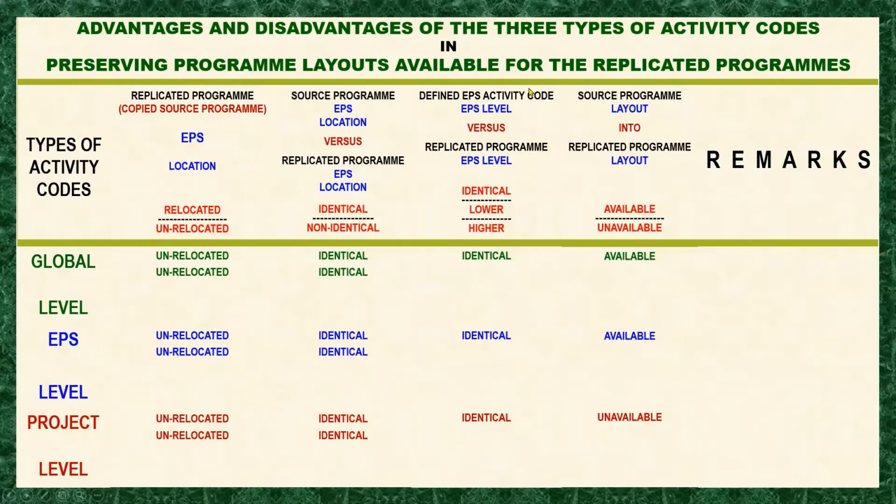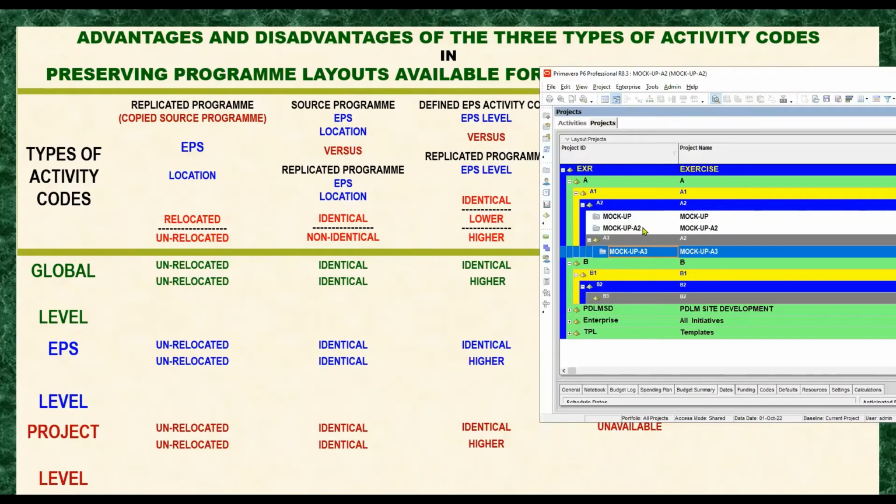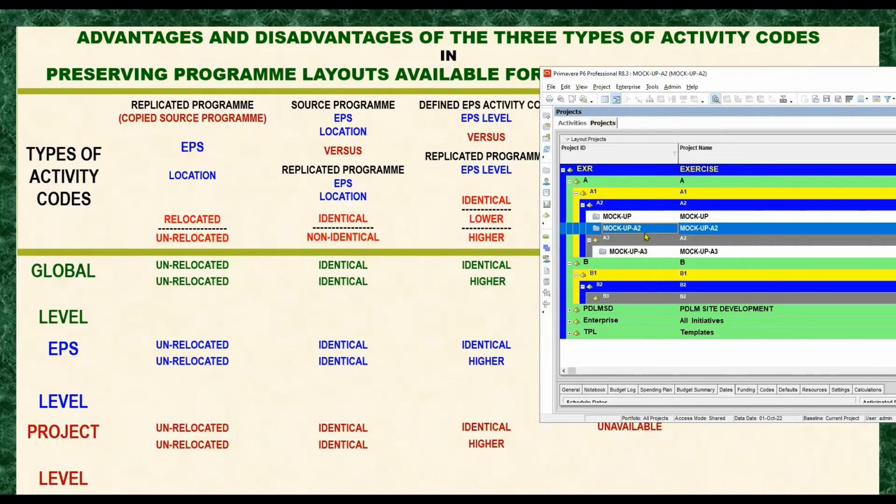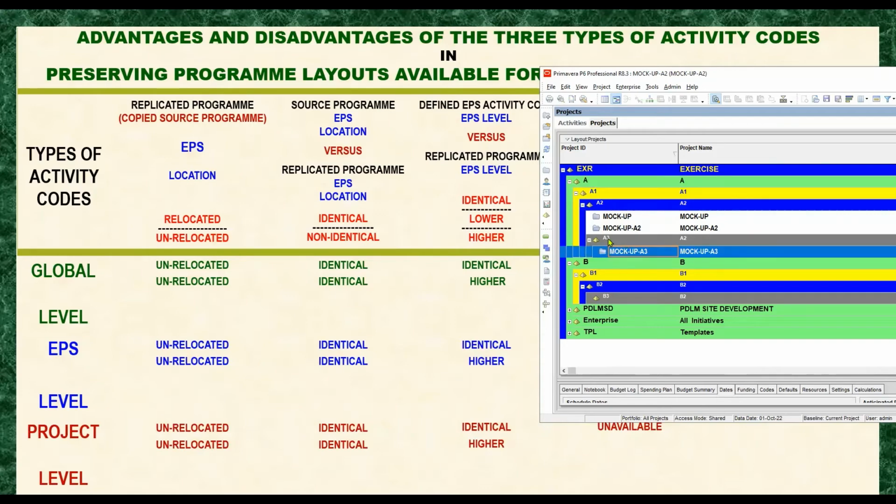Okay, here on the EPS activity code, EPS level, it is recorded as higher. For what reason? It is because we defined our EPS activity code at the A2 level of EPSA, right? Which is higher than the A3 level of EPSA.